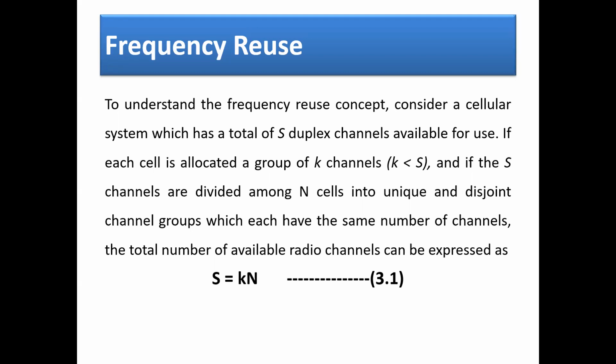If each cell is allocated a group of K channels, where K is less than S, my question is, why is K less than S, and what will happen if K equals S?